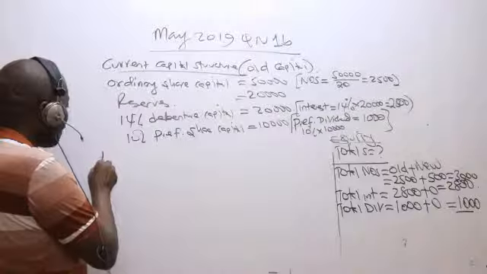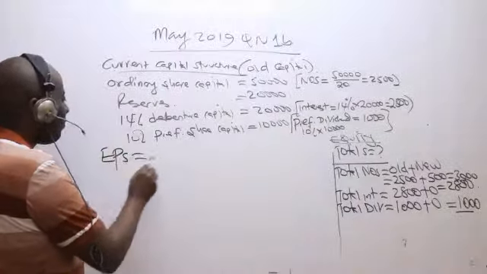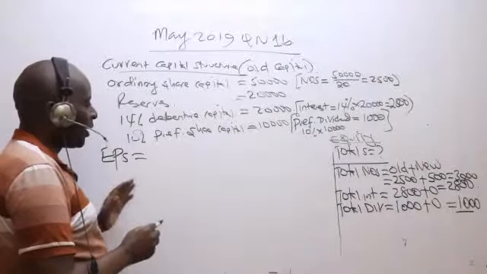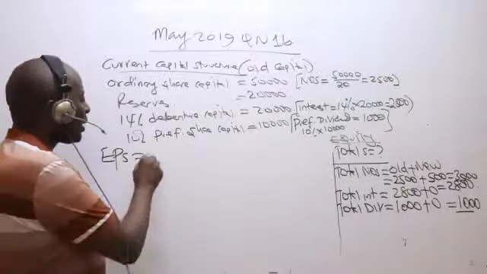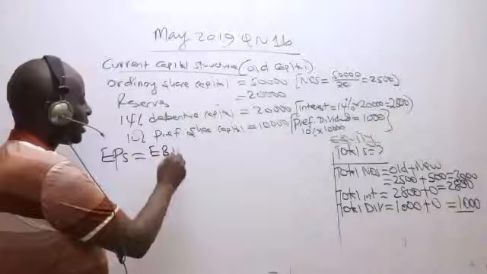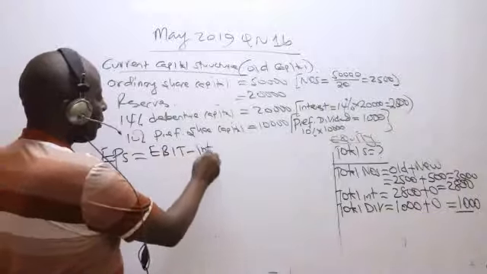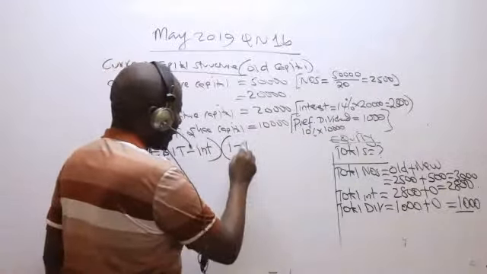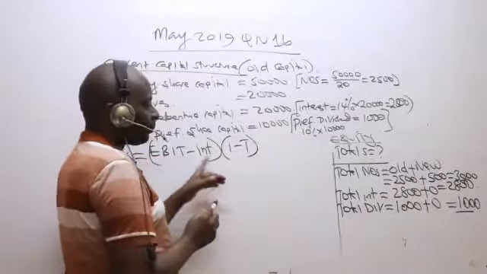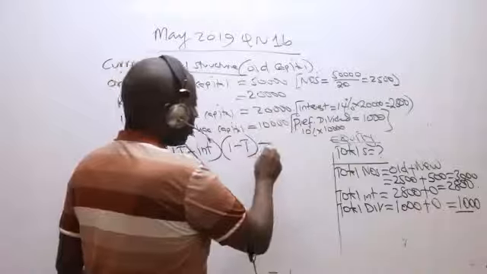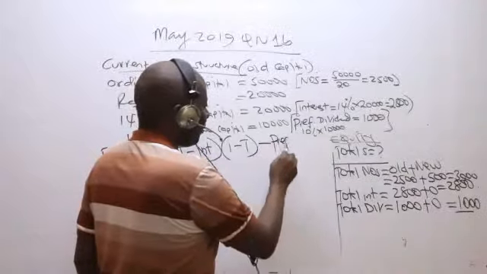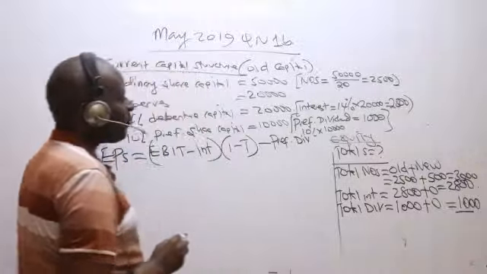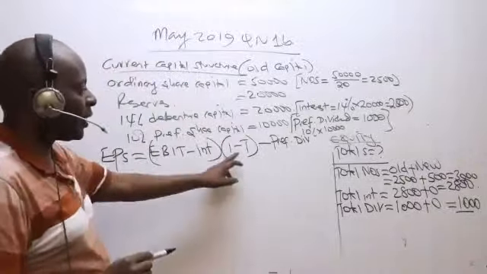So then how do we get this EPS? Ladies and gentlemen, remember what I taught you here yesterday. To get EPS, we shall take EBIT minus interest, into what here? We must less tax there. And then we subtract preference dividends. Remember, preference dividends can never be taken to the tax bracket.